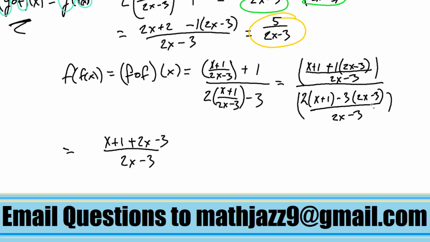And then we're dividing by this other fraction, same as multiplying by its reciprocal. Reciprocal just means flip the fraction over. So the denominator is up here, the numerator is down here: 2 times x plus 1 minus 3 times 2x minus 3.